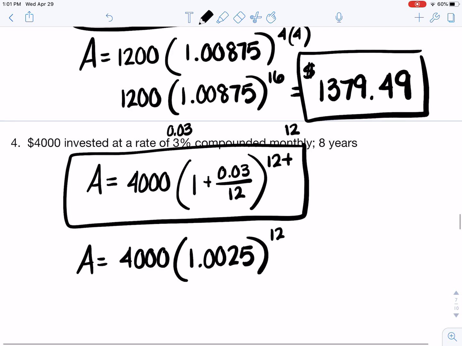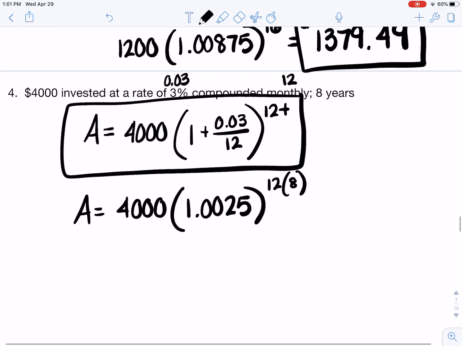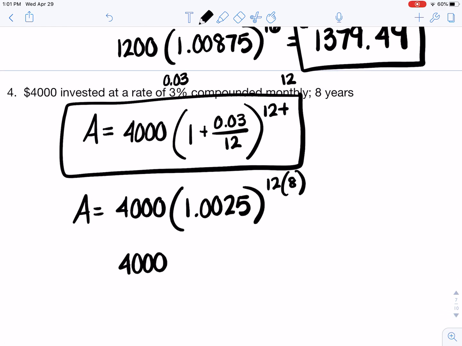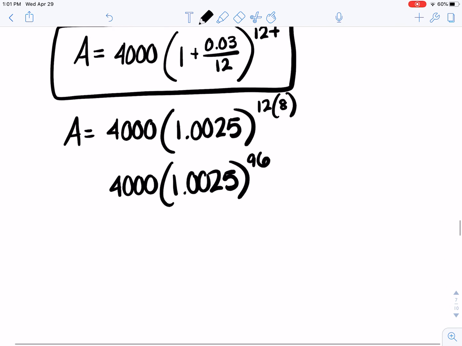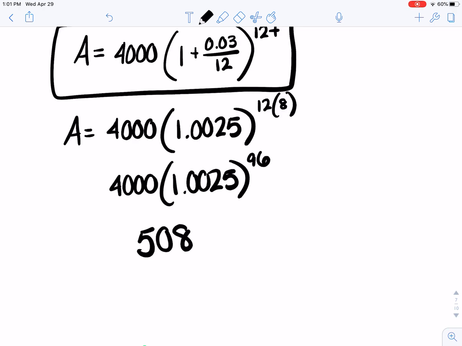And I'm going to raise this to the 12 times 8, which is 96. So they put interest on this 96 times. We end up with $5,083.47.